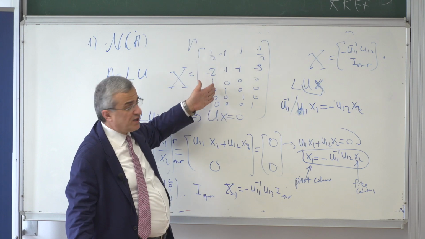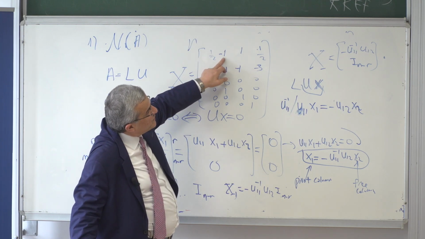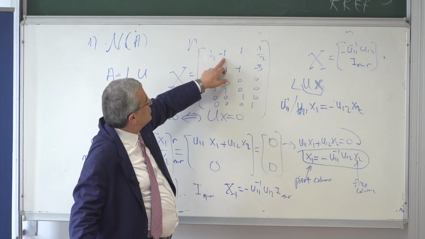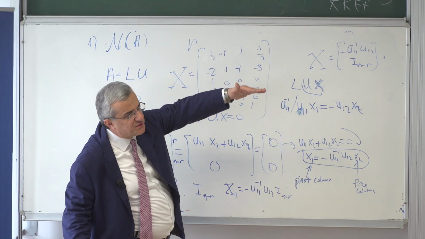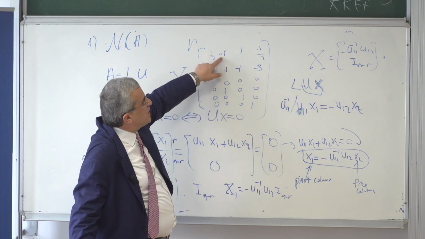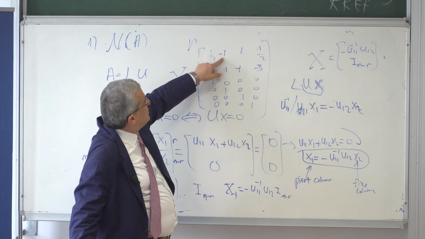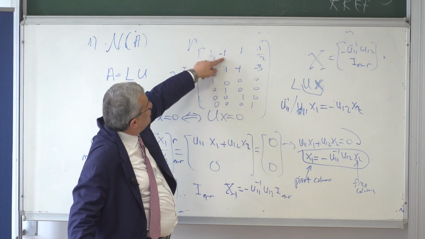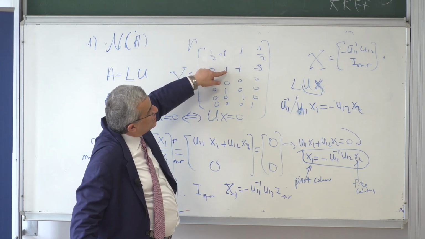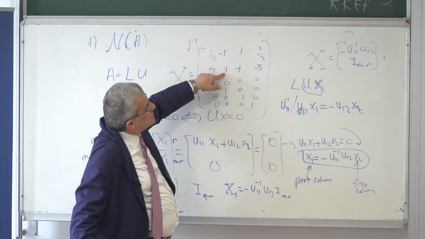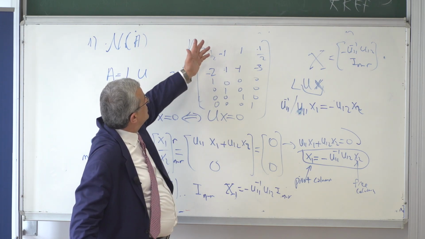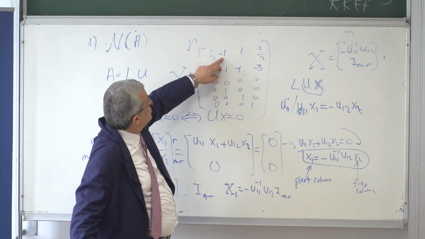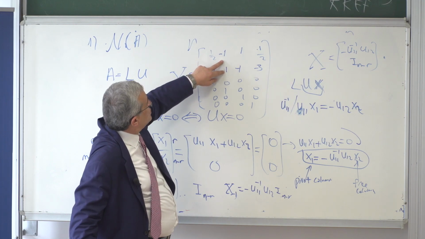Now let's look at the second column. Of course, we have to look at the other rows as well, right? So 2 times -1 is -2. And 1 times 1, so it is 1.